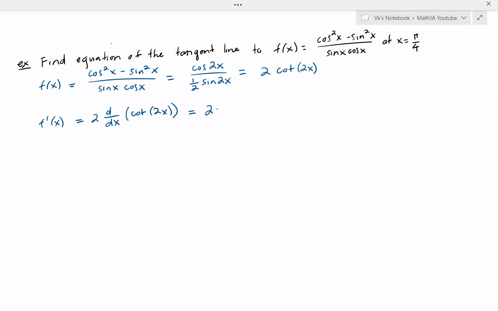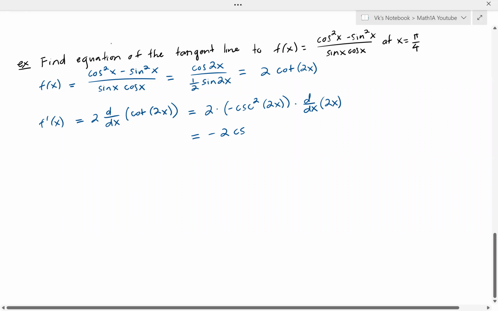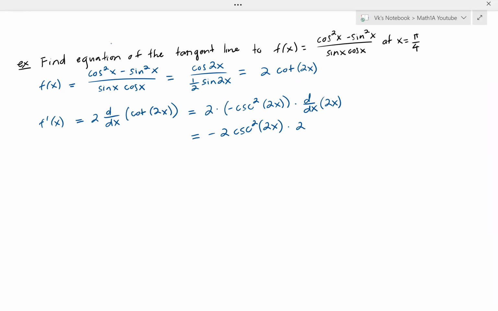The derivative of cotangent is negative cosecant squared. Then multiply to the derivative of the inner function, the derivative of 2x. And this gives us minus 2 cosecant squared of 2x times 2, which is minus 4 cosecant squared of 2x.